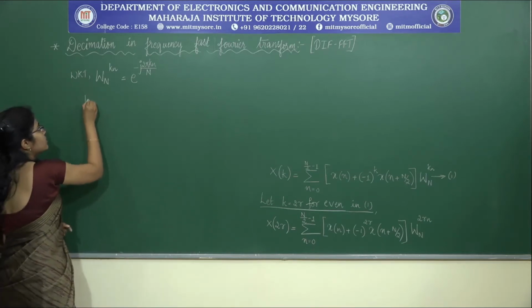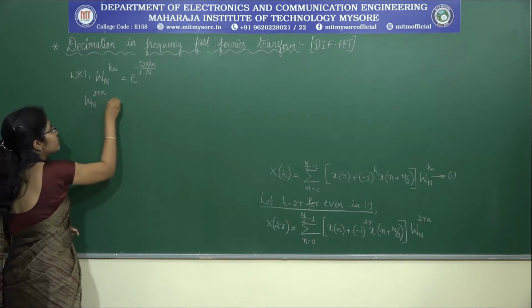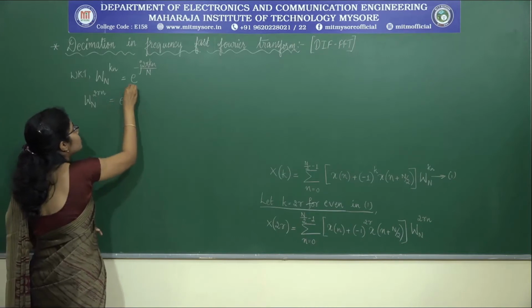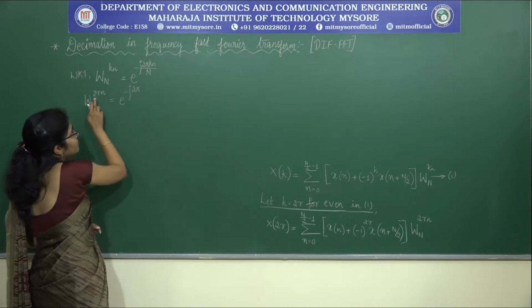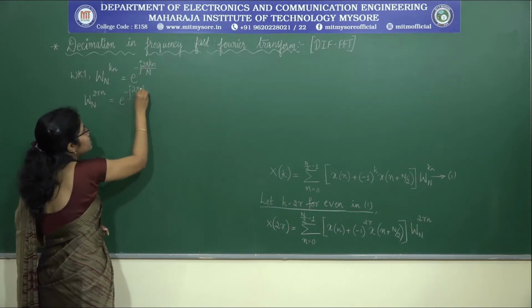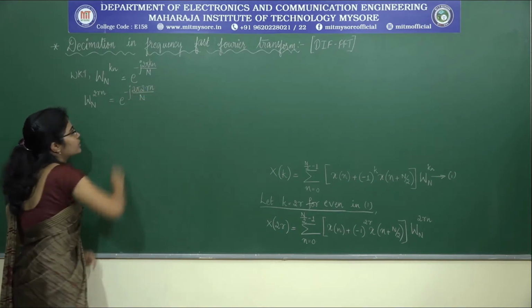If I rewrite this in terms of the exponential term, I can write it as e power minus j 2 pi, instead of kn I have 2rn, divided by n.